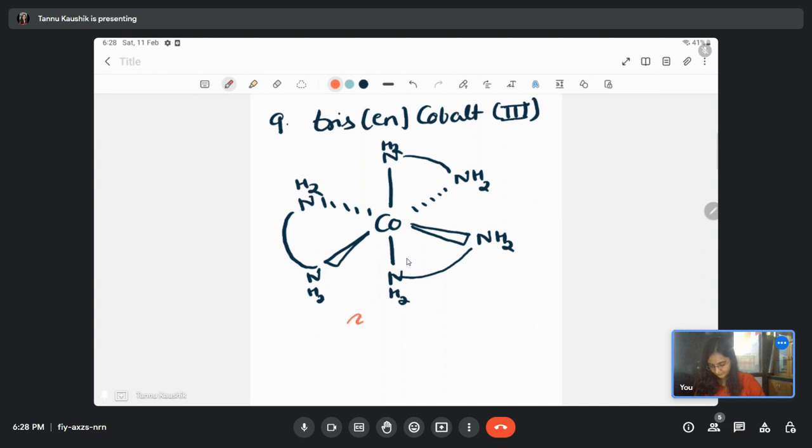So here we have a C2 axis of rotation passing through each of these bonds.